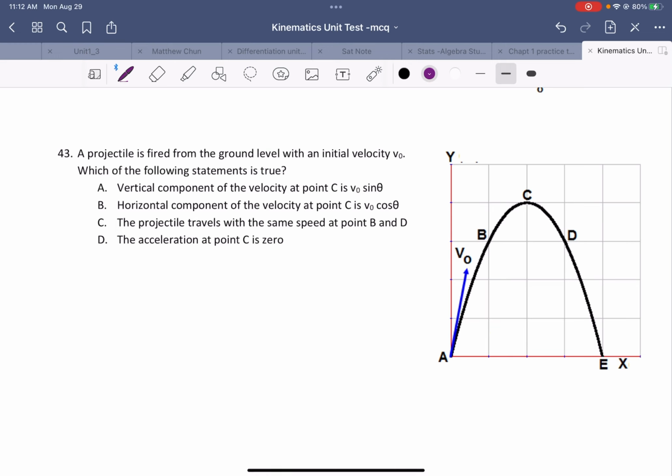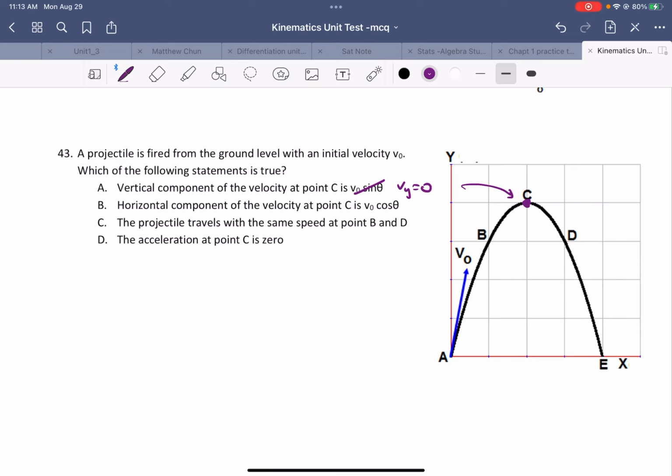Now next, number 43. A projectile is fired from ground level with an initial velocity of V naught, and which of the following is true? Let's see. The vertical component is V naught sine theta. Vertical component of velocity at C: at C here, the vertical component of the velocity is actually 0, right? Because that's the maximum height, so you don't have a vertical velocity.